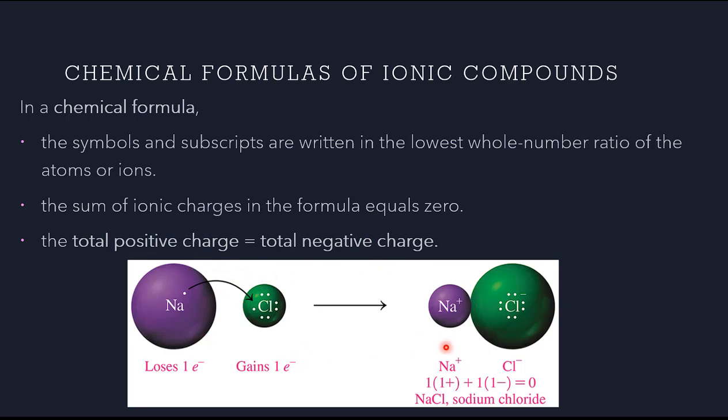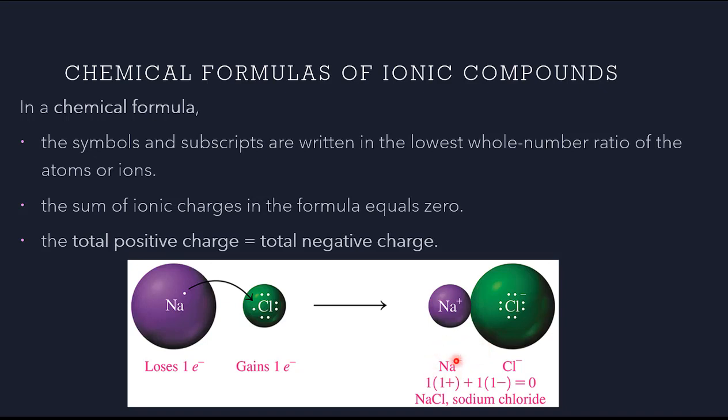So for example, sodium is likely to lose an electron to become 1+. Chloride can then take that electron from sodium because chloride wants to gain 1 electron to become chloride 1-. Remember, we already identified that when we identified the charge states that different elements like to take on based on their location on the periodic table or their number of valence electrons.